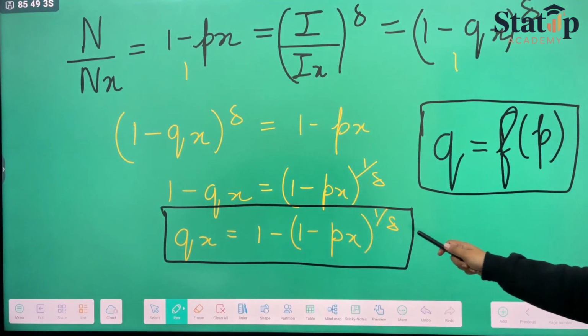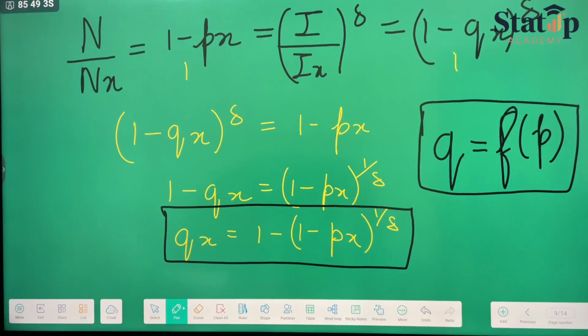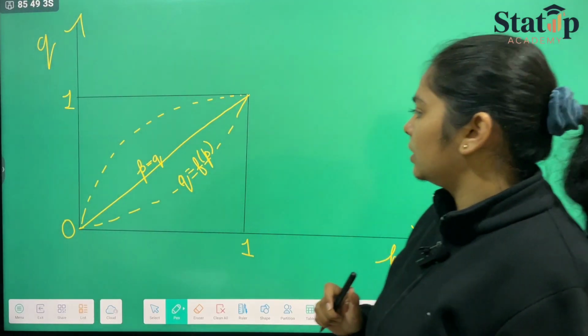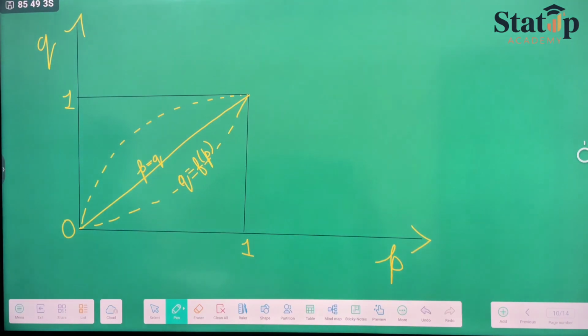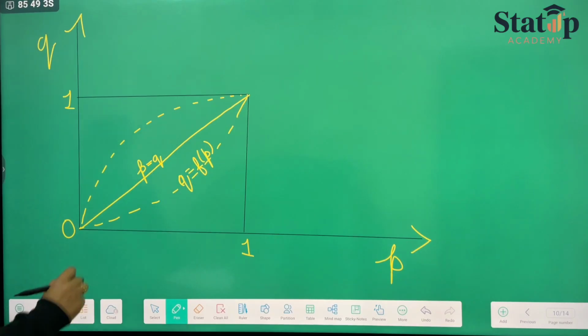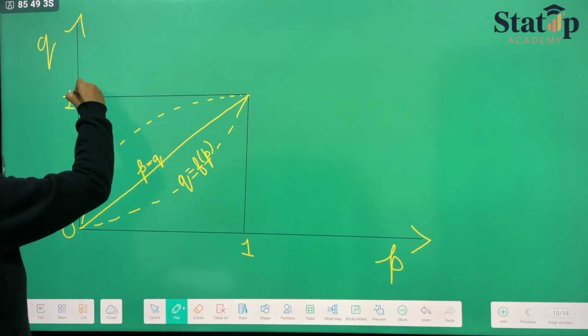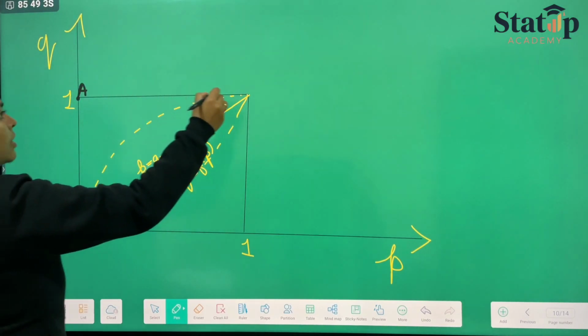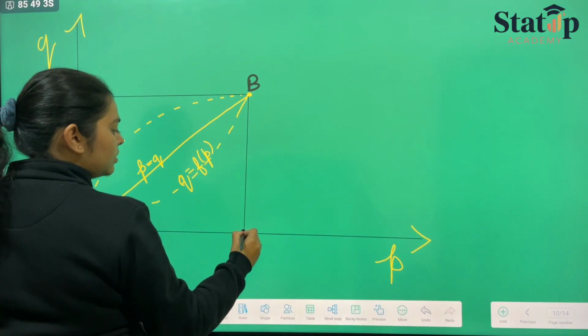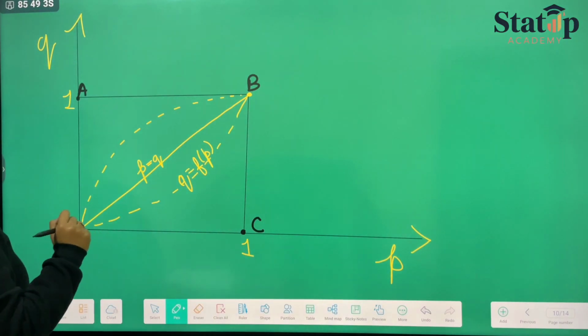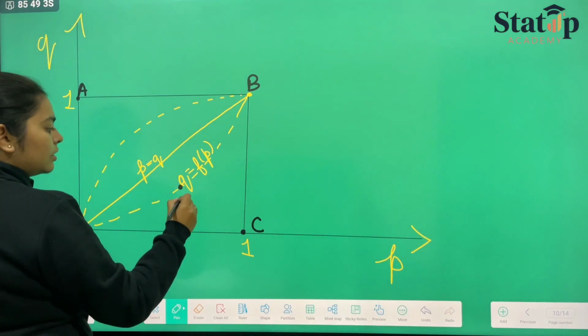Qx equals 1 minus Px raised to the power 1 upon delta. And here if we draw them, if we say this is A point, this is B point, this is C, this is O, and suppose this is D point.